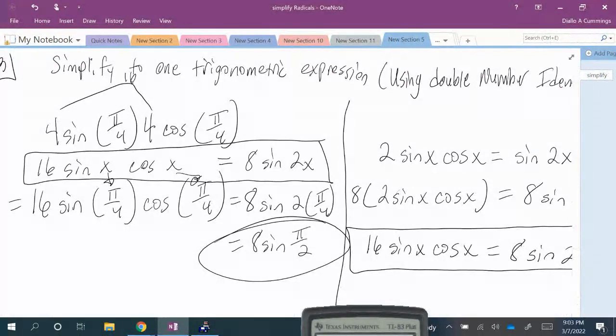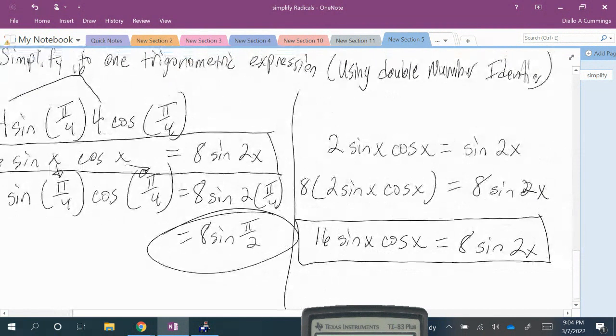That was explained a little bit differently if you looked at the written solution. But notice here, the first thing I did was multiply 4 times 4 to get 16. I just rewrote it; these two things are the exact same thing. Now I'm staring at a sine times a cosine with a coefficient in front.